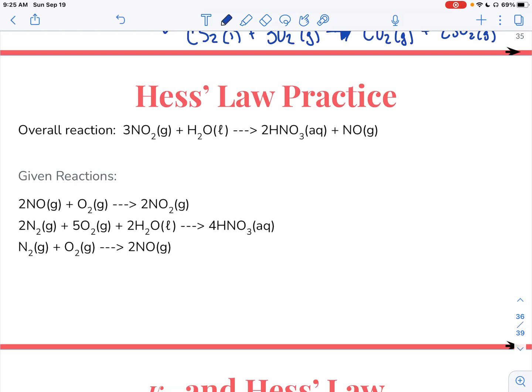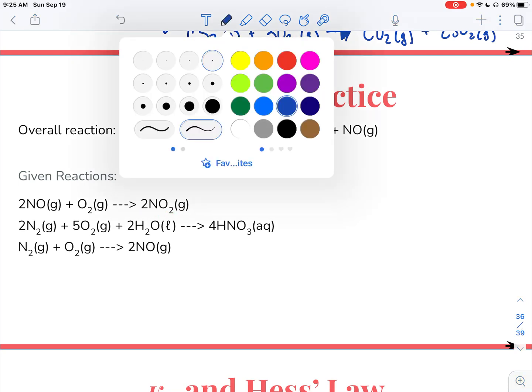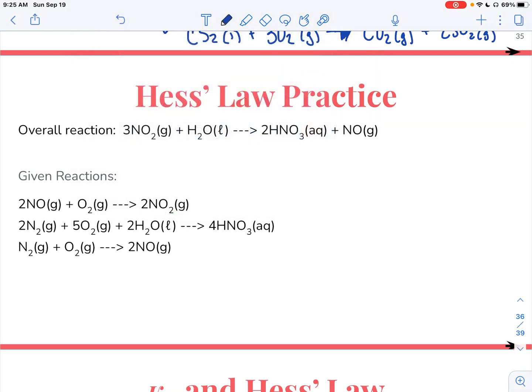All right, so for this one, we can start with NO2. Just making sure NO2 only shows up one time down here, and it does right here. So we have NO2 here, and up here we have NO2.